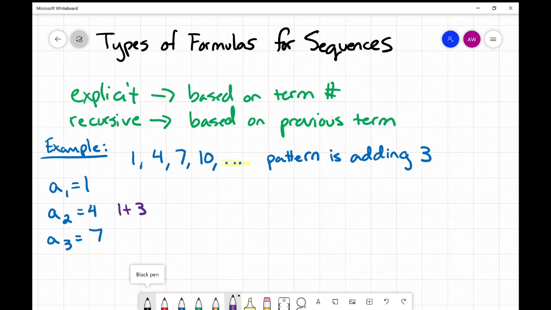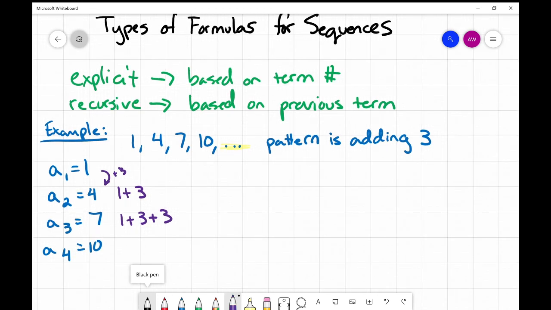Well, we said it was 1 plus 3 plus 3 more, because we had the 3 here, and now we're having to add on another 3. We then have a sub 4 and get 10. And that 10 is shown by having the 1 plus 3 from the past, plus 3 more to get from 7 up to 10.